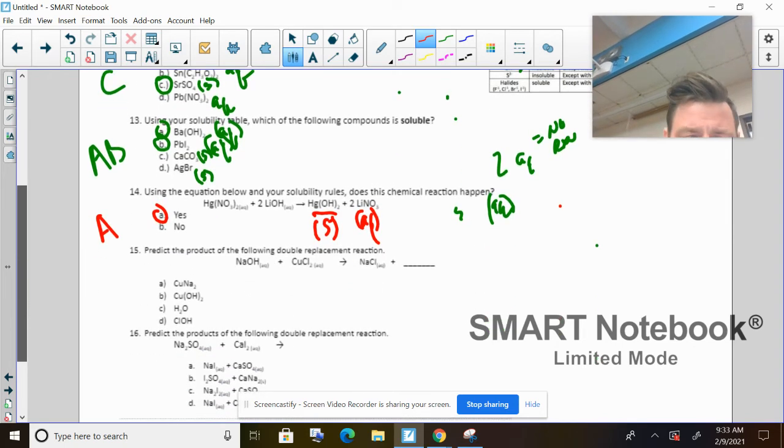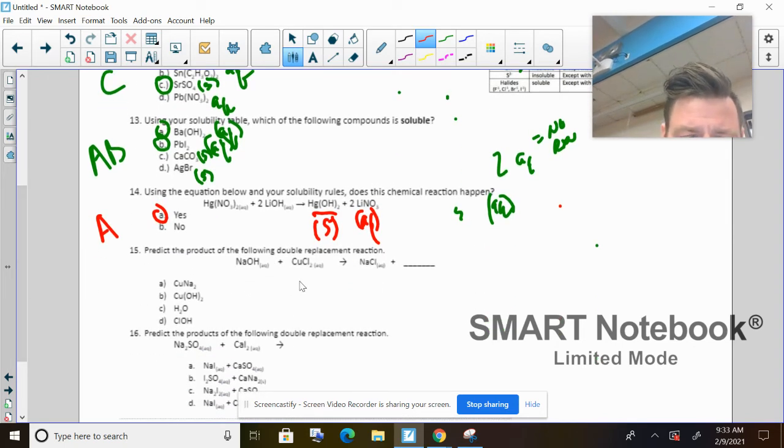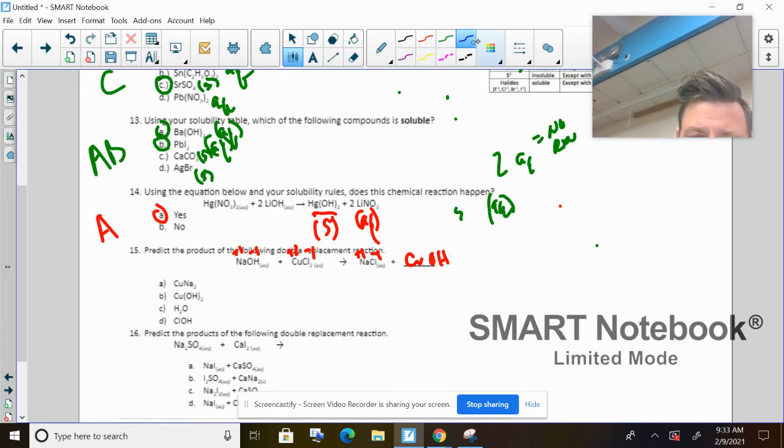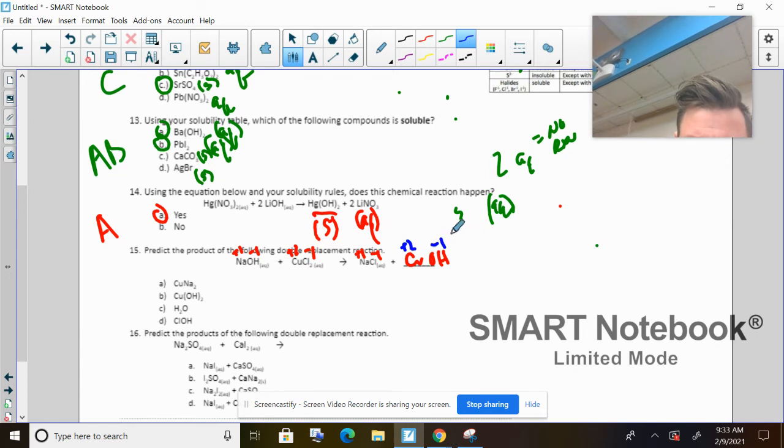Predict the following. So now we actually got to switch and charge balance. I got one of them written out for you. Every time we always just write the charge: +1, -1, +2, -1, and then +1, -1. Switch the positives, NaCl, that one already switched, and then we go Cu, and then OH. We write the charge by each, so that's +2, -1.